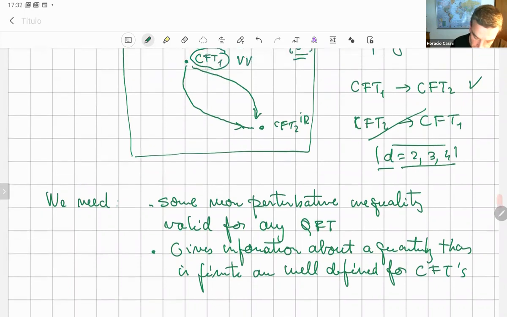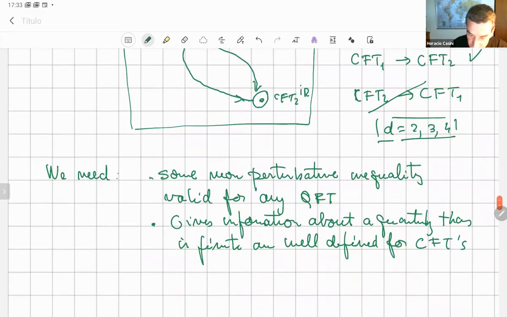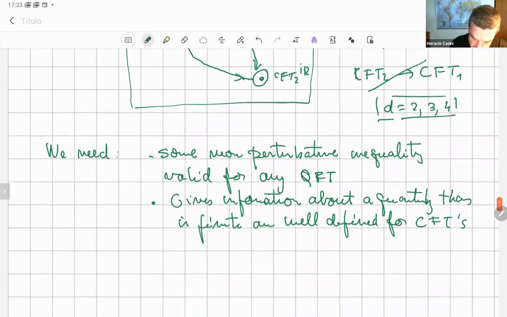Because we want to understand how to say that this CFT, there must be something that is different for this CFT with respect to this one that makes the renormalization group flow in one direction and not in the other. And automatically this quantity is dimensionless because it's a well-defined quantity for a CFT.